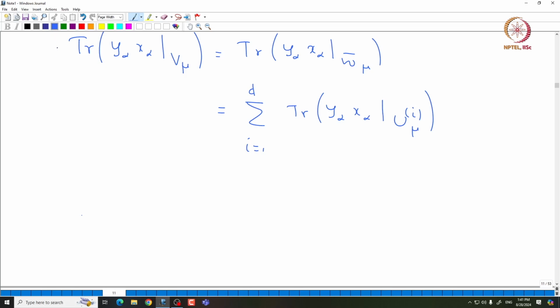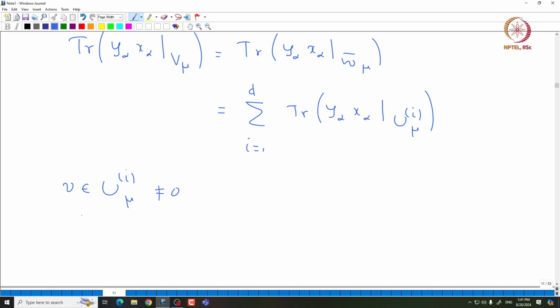So, note that if I start with the vector V, which is inside, let us say, U I of mu. Okay. So, we just assume that this space is non-zero. We want to calculate how this Y alpha X alpha acts on this space.